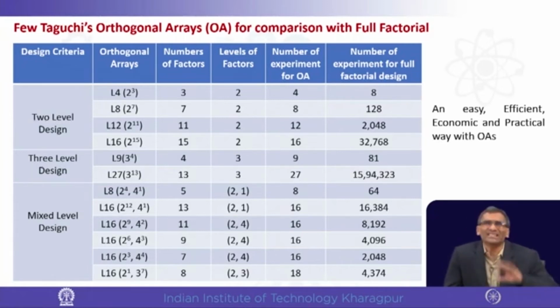Here you see, one is the full factorial. We have presented it just for convenience, it is only a partial presentation. Say a 2 level design, some 3 level design, and some mixed level design. Mixed level we will explain. Here, the first row, which I have just explained, is L4, that means 2 to the power 3. Normally, if we carry out the experiment, 8 would be required, as in the right hand side column.